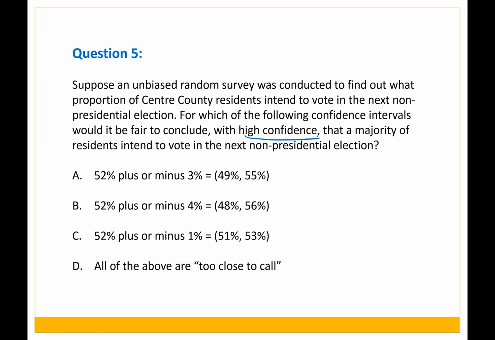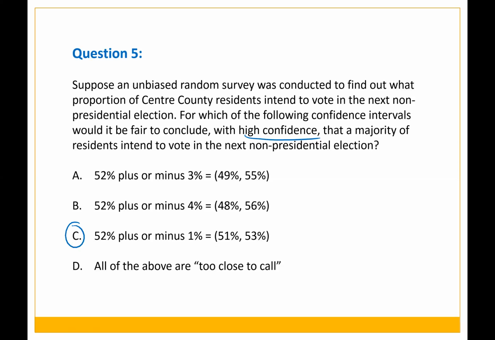So we're looking for the confidence interval that allows us to conclude that the majority of the residents intend to vote. So when we want the majority, in reality, if we think about the elections, the vote has to be more than half.